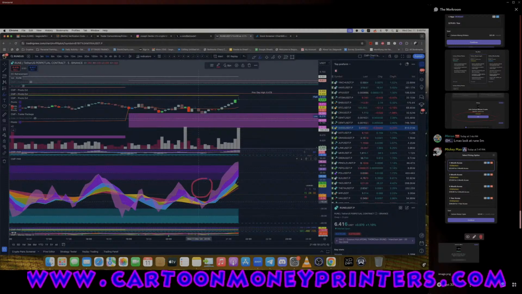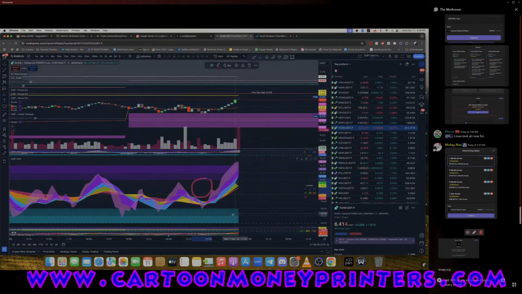The ribbon's not way down into oversold, but you're not going to get a par gap way down in the oversold while we're in a really strong trending day. That's going to be extremely rare. So for all intents and purposes, this is a par gap based off of the kind of day that we had. This was beautiful. And I could see an entry right here.